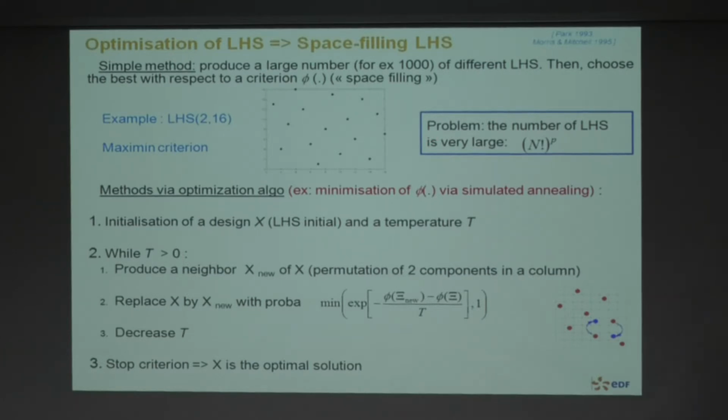However, you see the combinatorial problem. This is the number of possible Latin hypercube samples. So as yesterday, the talk of Professor Chaudhuri was a nice introduction, finally, to this slide. I will use an optimization algorithm to minimize phi: simulated annealing, that he explained yesterday. So why simulated annealing?